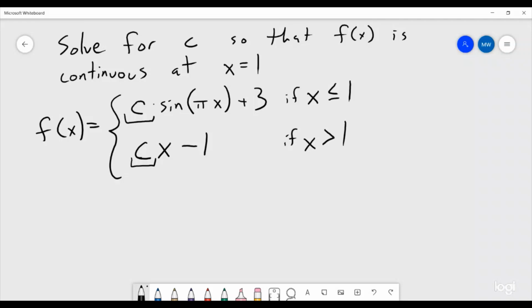So go ahead and try and solve this to figure out what value of c I need to make so that f of x is continuous at 1.